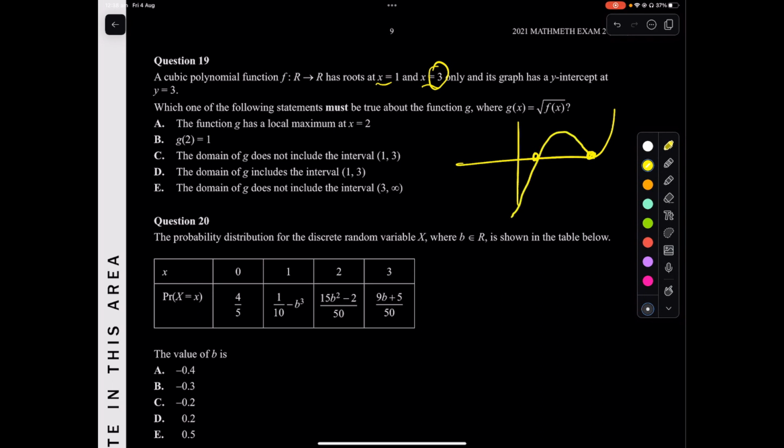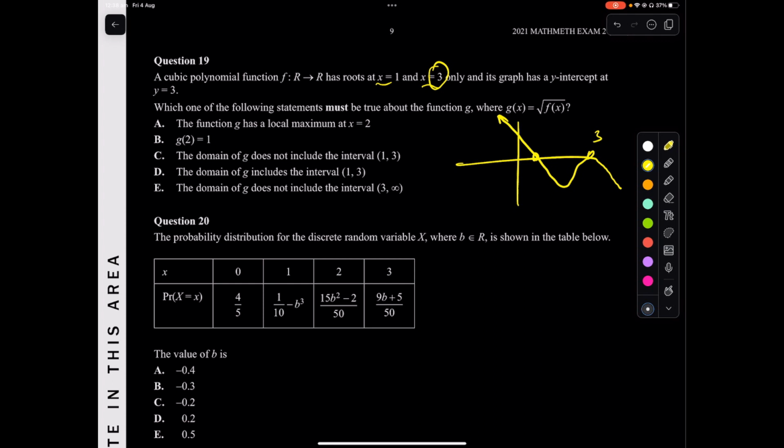But we want the y-intercept to be 3, so it needs to be positive, so no. So what about if our repeated root was at x equals 1, so it would be like this. Again, no. So that means the graph must be negative. So let's try again at 3 as the repeated root, so it'll be like this. Aha!